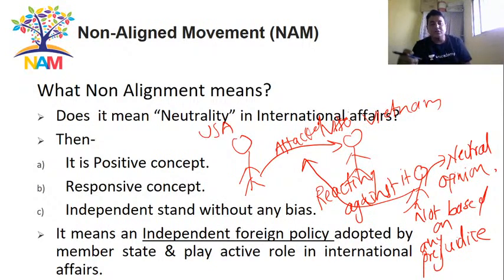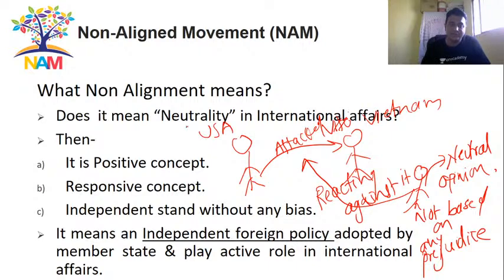As we mentioned, when US attacked Vietnam, India's reaction is not affected by any prejudice. Their opinion or reaction should be based on merits: who is right, who is wrong, irrespective of whether the country is strong or weak, because it is a question of justice.